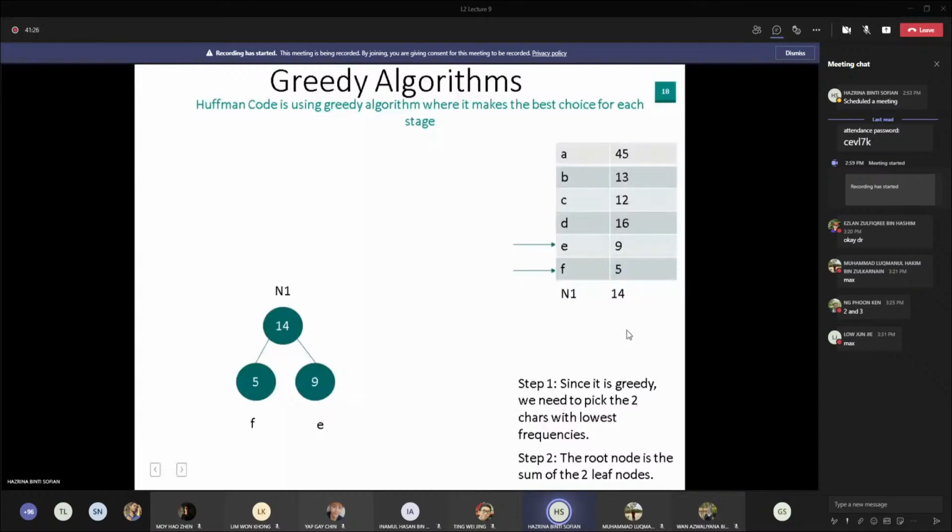But being greedy, we want to take the smallest. So this is the feasible solution, which is 14. Then what you need to do next is to find the lowest frequency within this. Which are the lowest frequencies, apart from E and F that are already written in the tree?